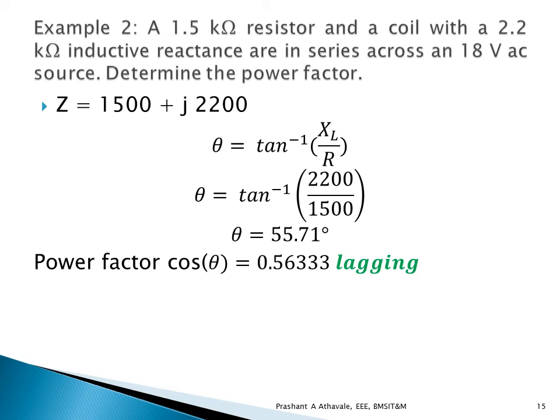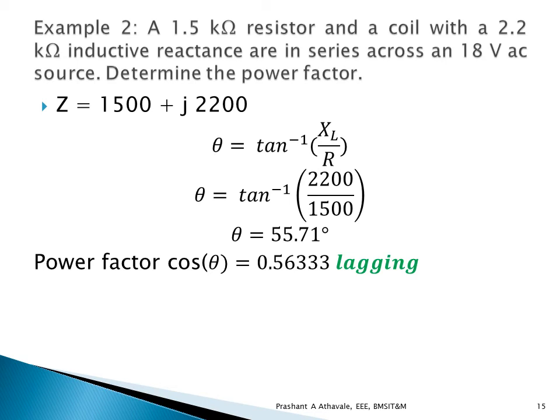So here you can see that 0.5633 means like 56% of the power is getting converted into useful power, 56% of the available power. If you recall the expression for power is equal to VI cos theta or VI cos phi.